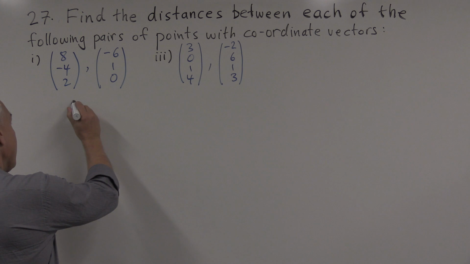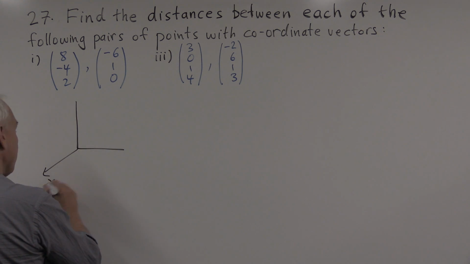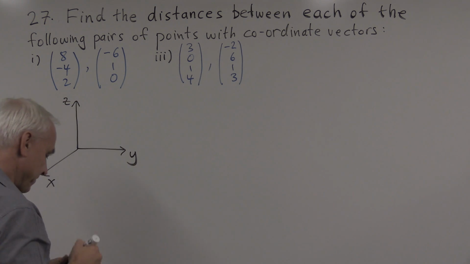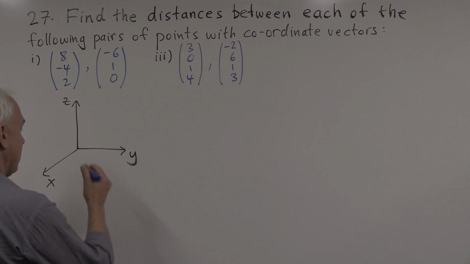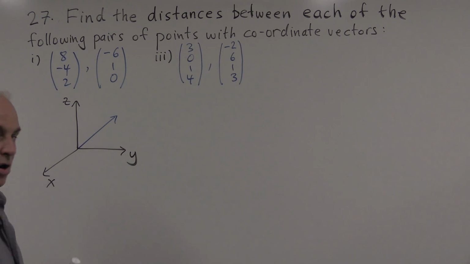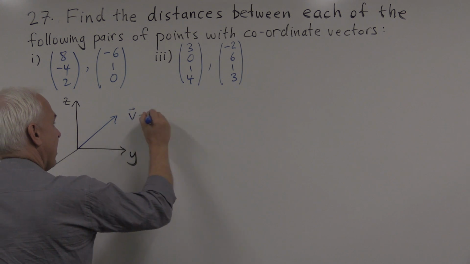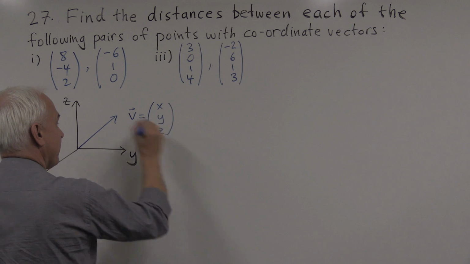So if we have a vector in three-dimensional space, which we can represent by our familiar x, y, and z coordinates, and suppose that we have a vector, say something like this one here, which has components, say x, y, and z. There's the vector v.